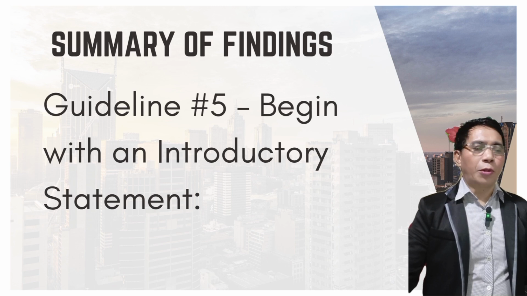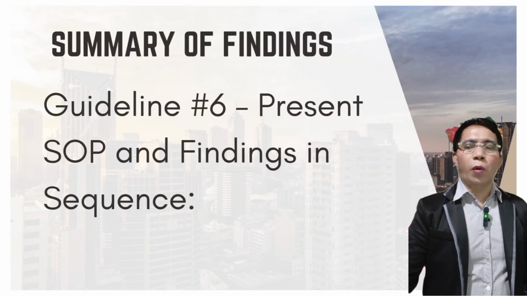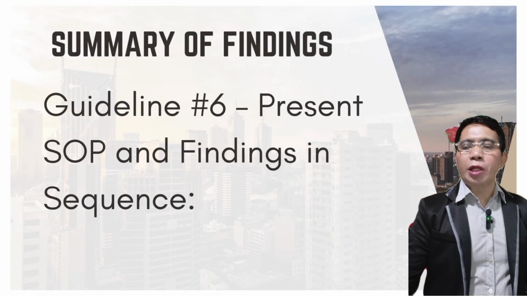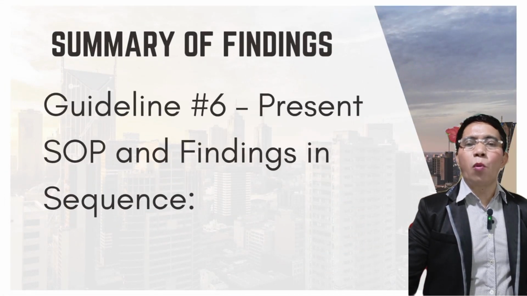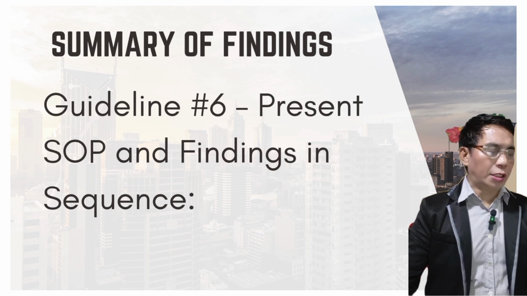For your guideline number 6, present SOP findings in sequence. Meaning, after the introduction, present each specific problem one by one for each SOP. Restate the problem, then start a new paragraph. Present the corresponding findings based on your statistical data.